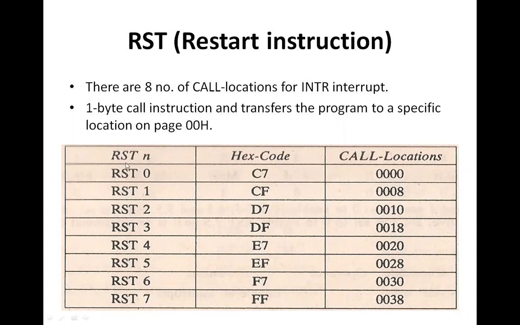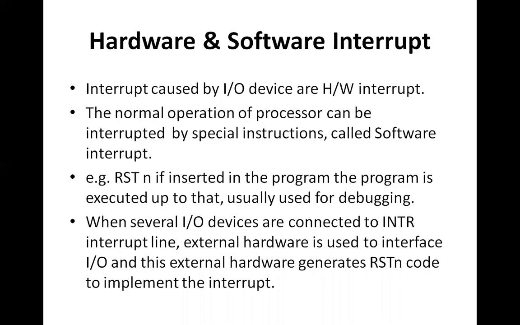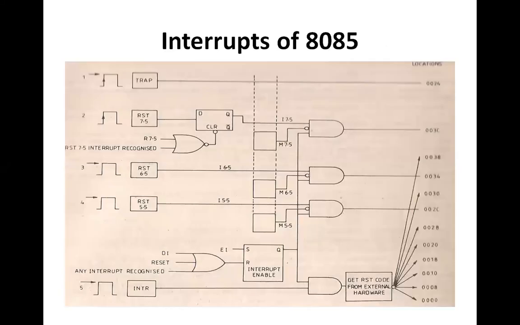That is why for RST 0 to 7, we have different call locations. Similarly, for trap and RST 7.5, we have different call locations. All these call locations are summarized in this figure. If any device has interrupted through the INTR line, it can move to 0000, 0008, 0010, 0018, 0020, 0028, 0030, and 0038.